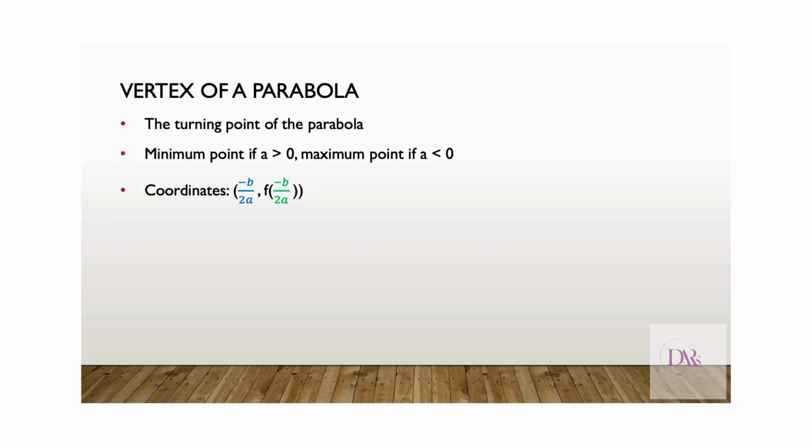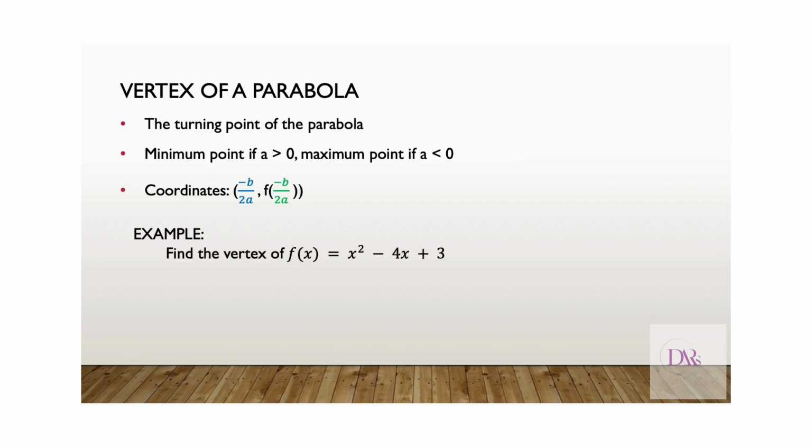We use the formula for axis of symmetry that we just learned: opposite of b over 2 times a. Then we take that value of x and substitute it back into the function to find the value of y. So let's look at an example.